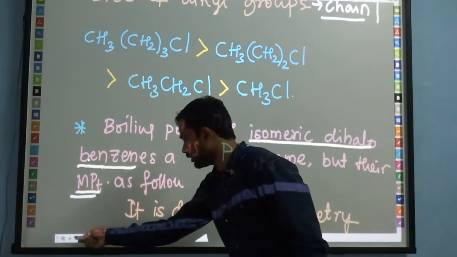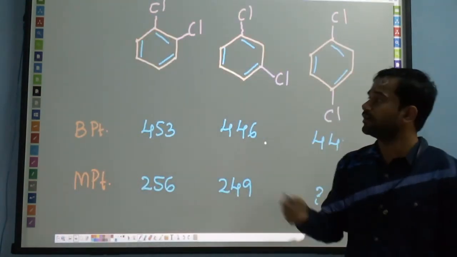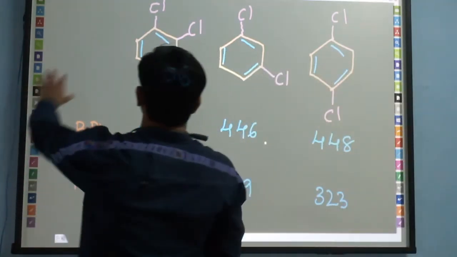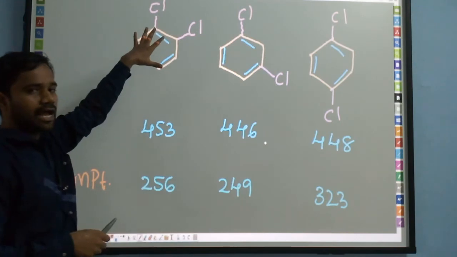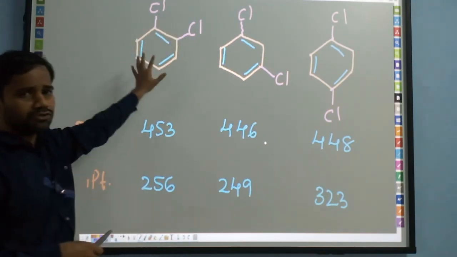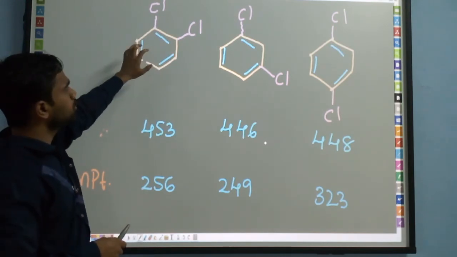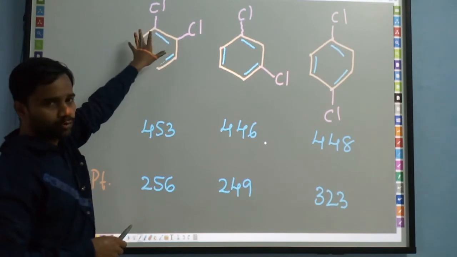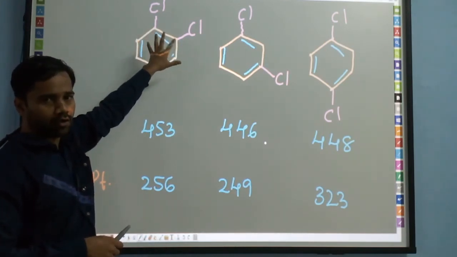Let's see the example. Isomeric dihalo-substituted benzenes are present. This one is the ortho, 1,2-dichlorobenzene.